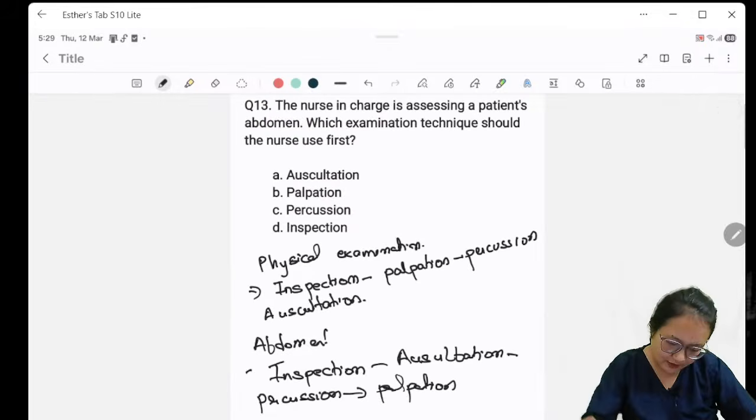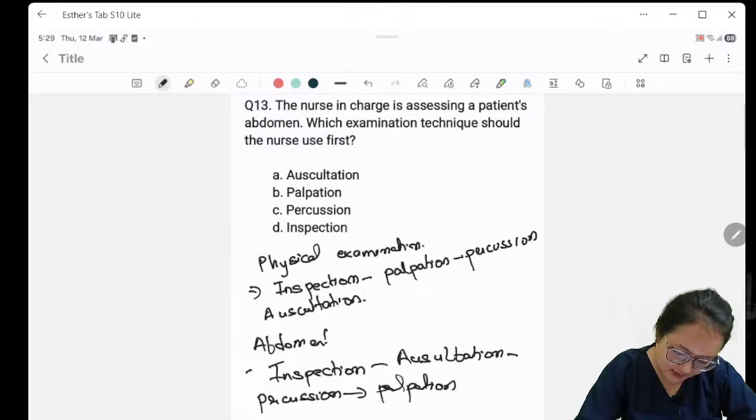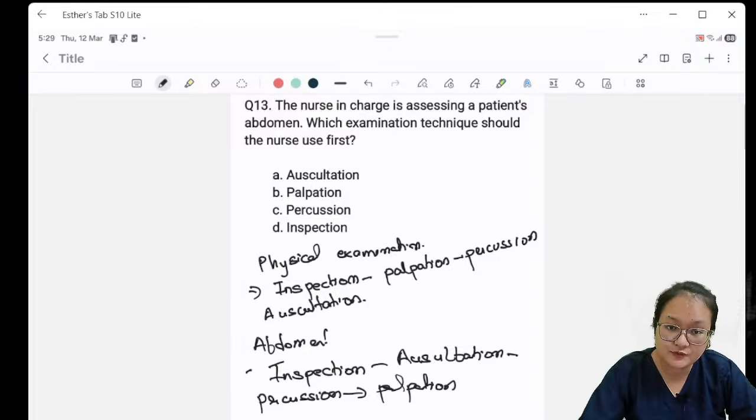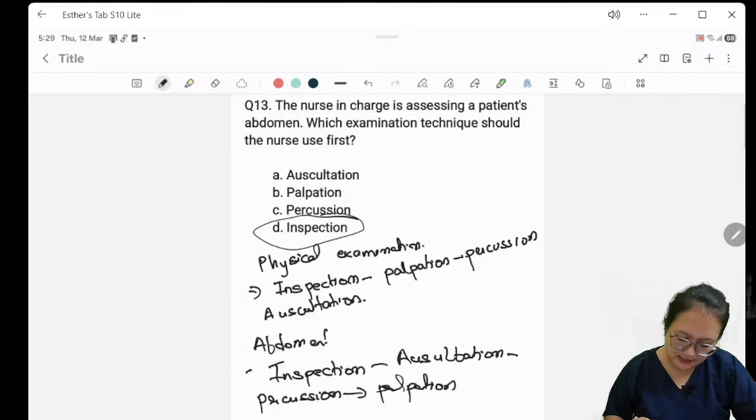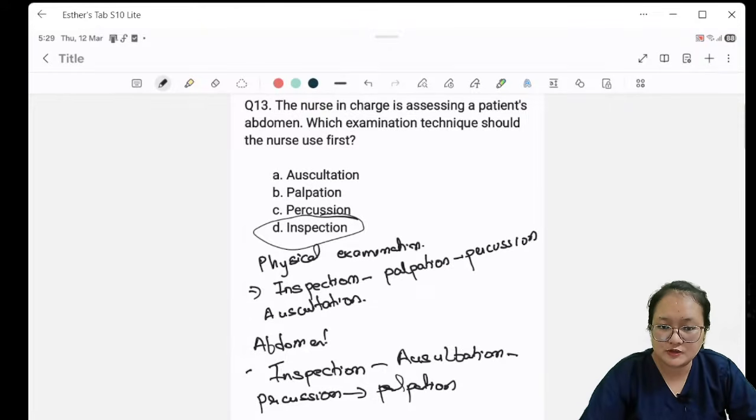Here the question is: the nurse in charge is assessing a patient's abdomen, which examination technique should the nurse use first? That means the answer will be D, inspection. After inspection, the nurse should do auscultation, then percussion, then palpation.